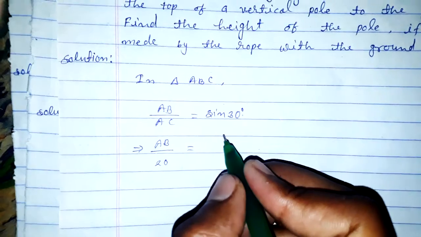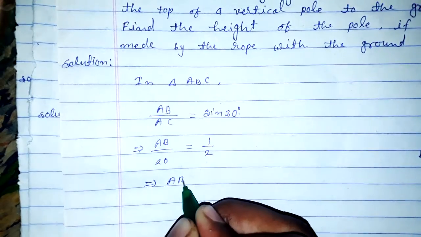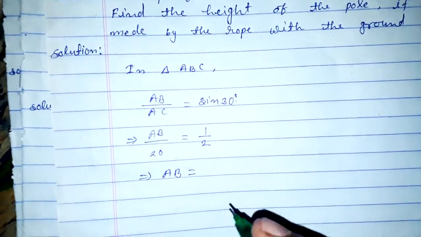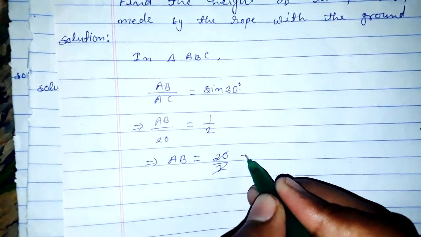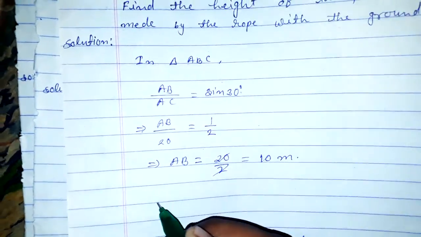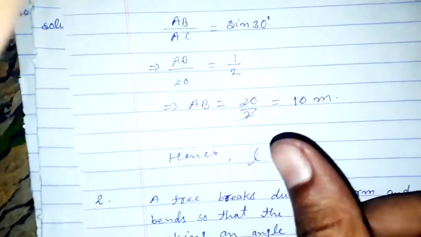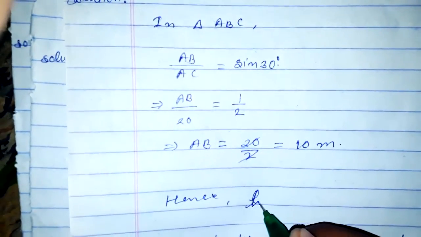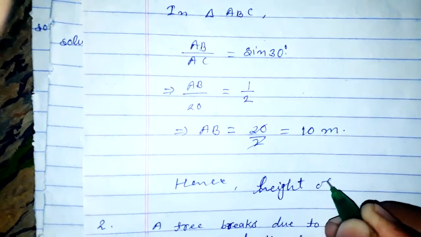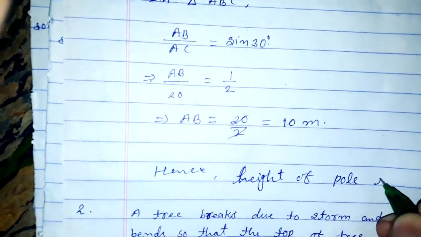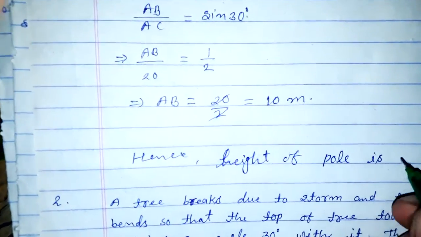Sin 30 is 1 upon 2. Implies that AB is equal to 20 upon 2. Dividing, this is 10 meter. Hence the height of the pole is 10 meter.